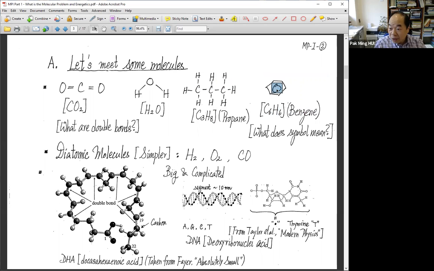Then what is the quantum mechanics behind this circle? Okay, so we will find that you need to go into university and then go rather deep into quantum mechanics in order to understand this circle.